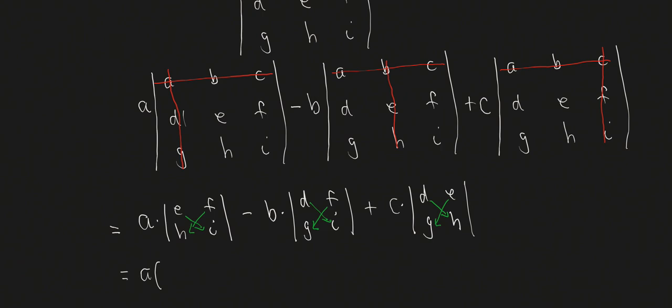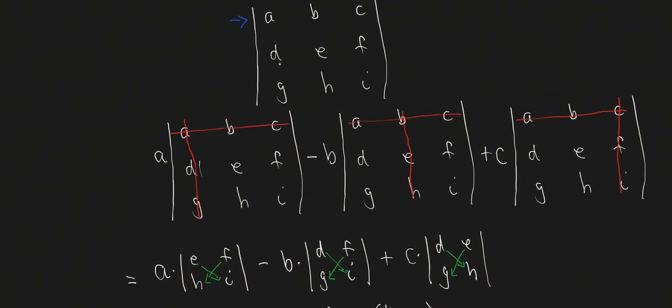So this will be EI minus FH, and then minus B times DI minus FG, and then plus C times DH minus EG. Again, these would all be numbers, and then I could finally write down the answer. And that number that we get is the determinant of my original matrix.